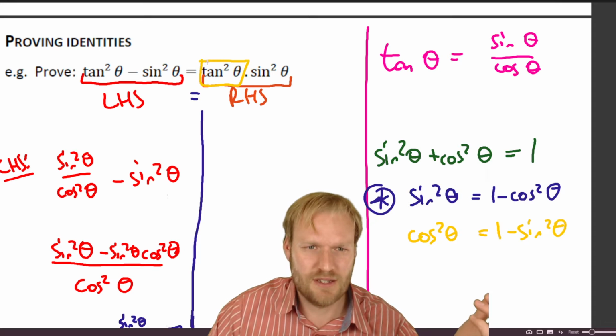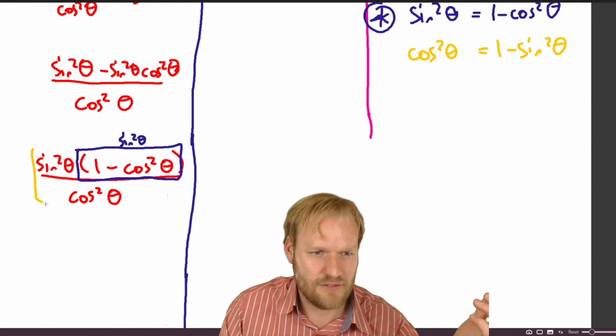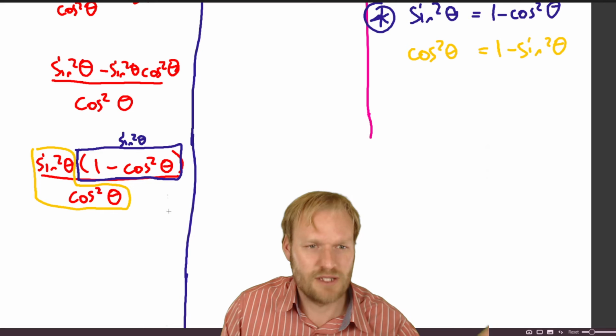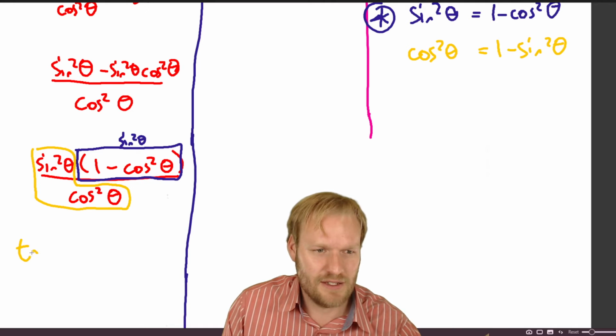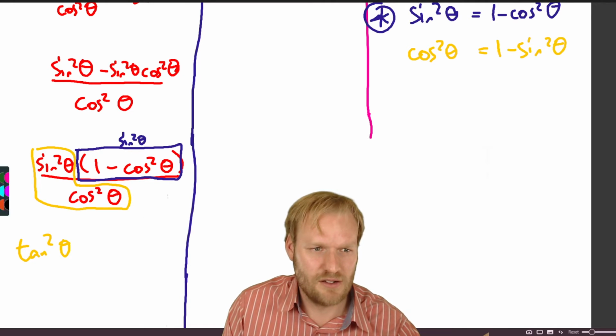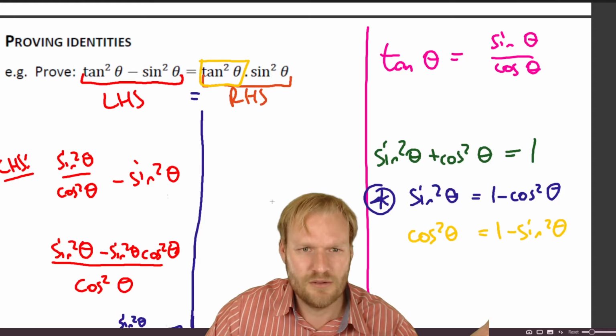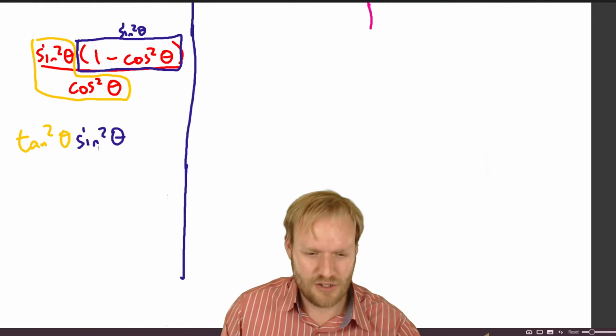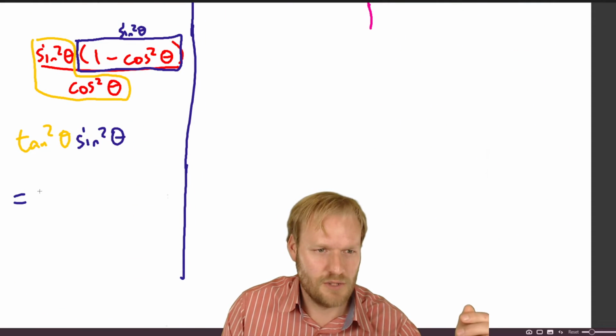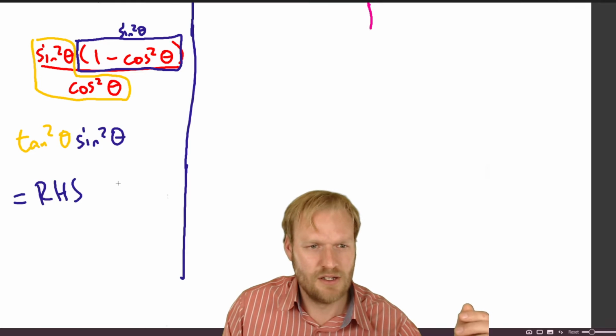Tan squared theta is staring at us in the face, because sine squared theta over cos squared theta is just tan squared theta. And didn't we just say that 1 minus cos squared theta is just sine squared theta? Isn't that the right-hand side? Great stuff, so it equals the right-hand side.